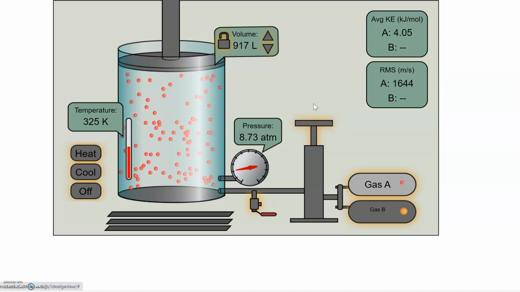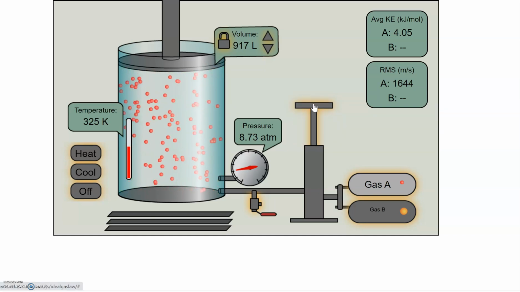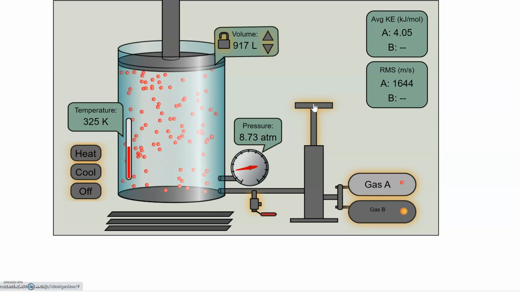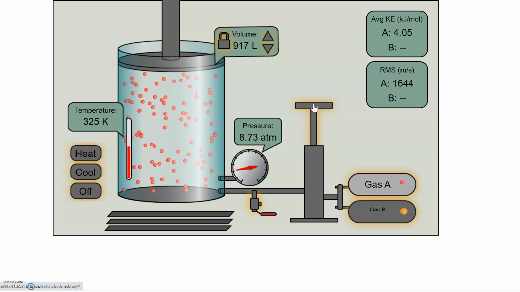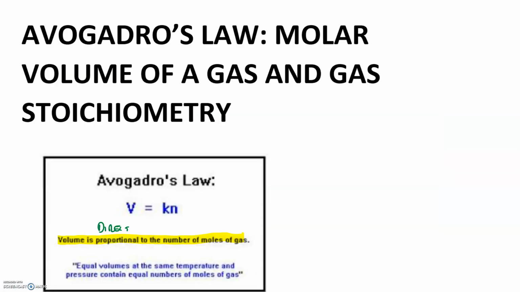And fairly interesting that as we are adding gas to this, the number of moles of gas increases, and also the volume increases. We're going to represent this law a little differently.